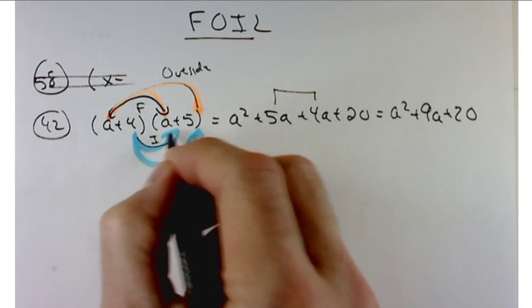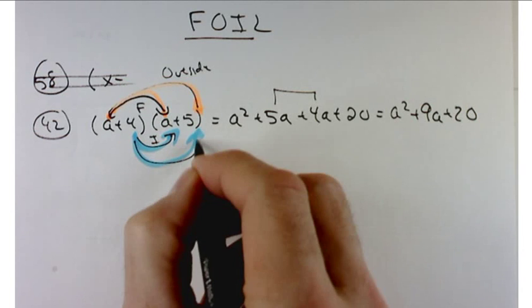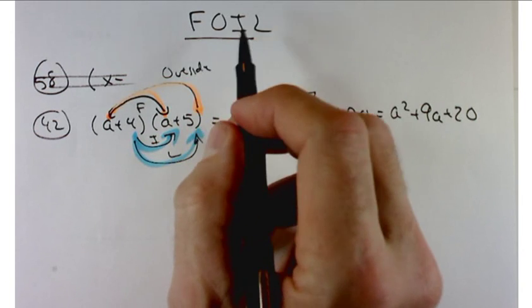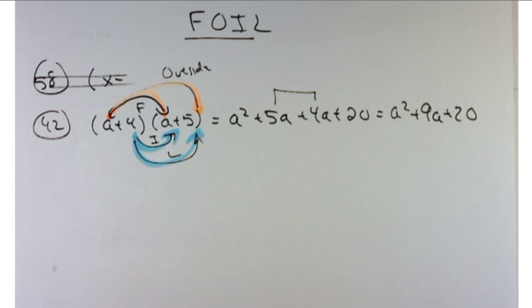And then the inside terms together. And then the last terms together. First, outside, inside, last. Doing that allows you to multiply two binomials. Don't try and use it when you're multiplying a binomial times a trinomial. You'll run out of letters. Okay, it only works for binomial times binomial.